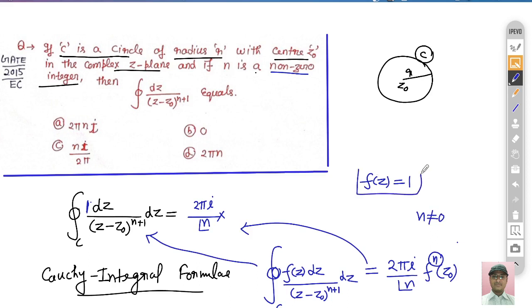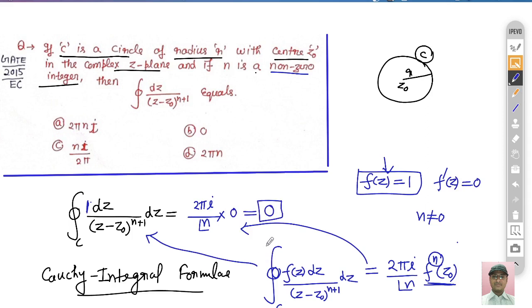This is a constant function, and once you differentiate it at least one time, it will be 0, very simply, because we have to differentiate it n times and n is a non-zero integer. So once you differentiate this constant function f(z) one time, you will get 0. Once you put f(z) as 0, finally what we will get? Its value is nothing but 0.